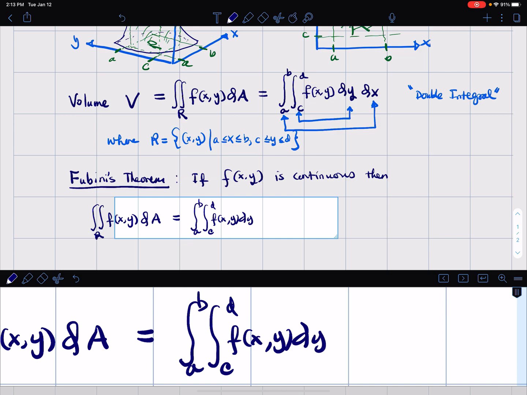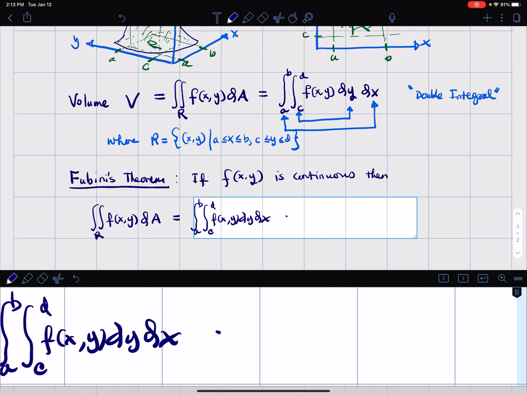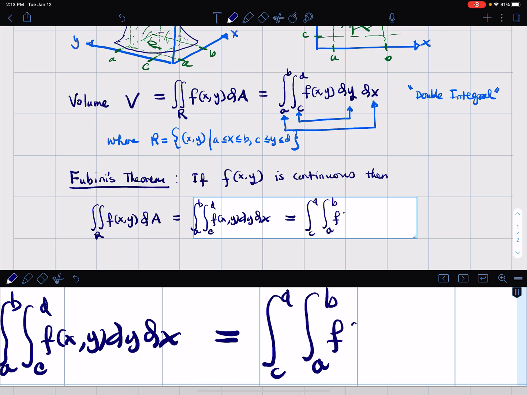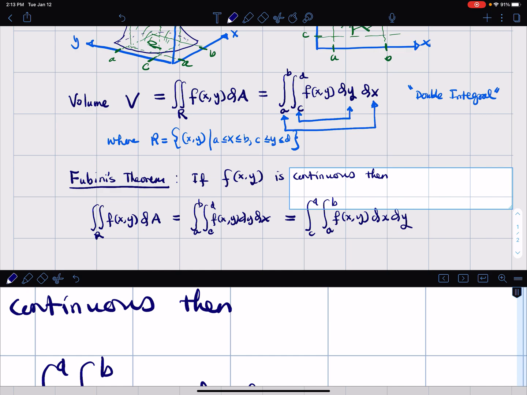and then dy dx, or we can also do C to D outside and then A to B inside f of x, y, then dx and dy. It doesn't matter as long as R is a rectangular region.